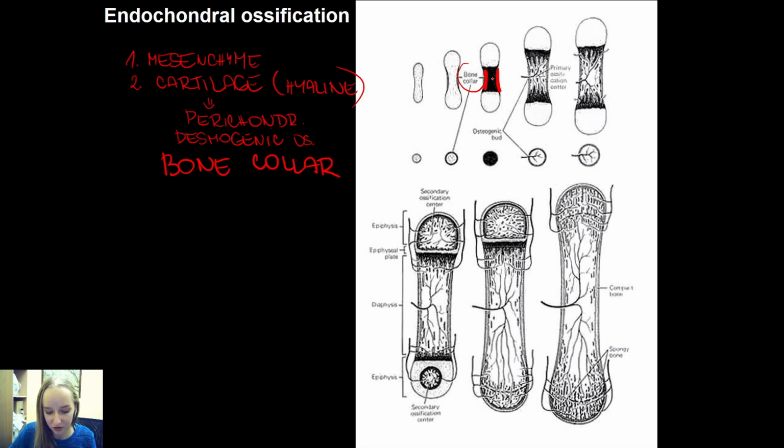It's a thin layer of bone tissue created around the diaphysis of hyaline cartilage. And the cells in the diaphysis of this still cartilage will respond to that, because now they don't have enough nourishment, since there is a bone collar choking the cartilage and there is no diffusion of substances going on.